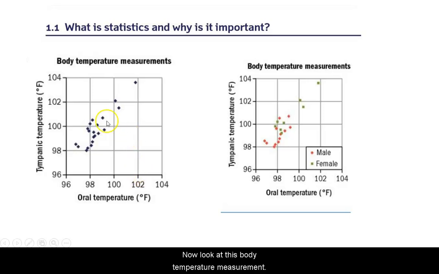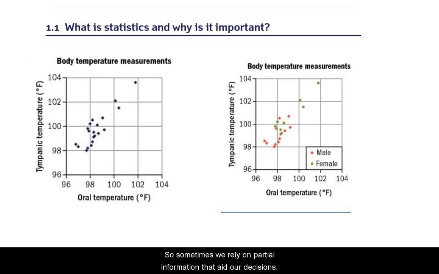Now look at this body temperature measurement. Look at the two of them. As we try to answer the question, what is statistics and why is statistics important, we live most of our lives relying on only partial information to make decisions, right?